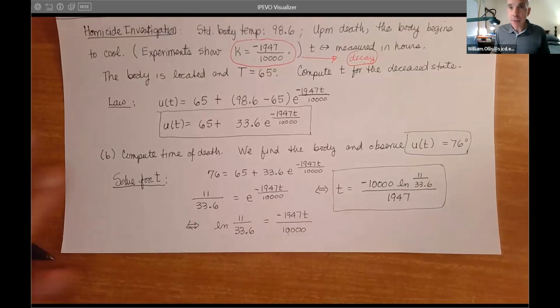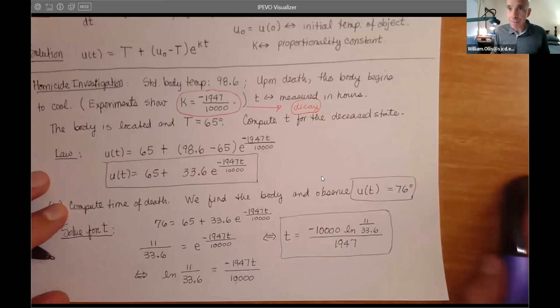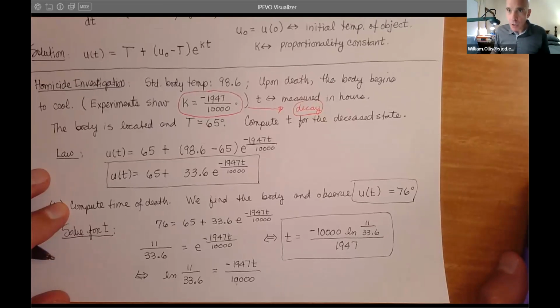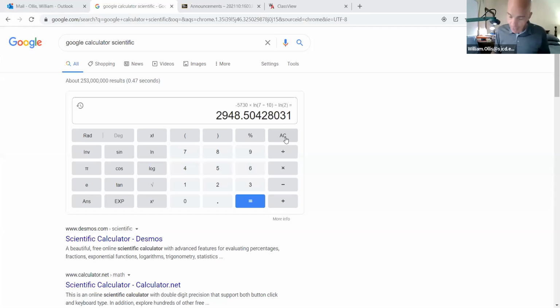So now we can go over here to our Google calculator. And we have negative 10,000. These are fun. I mean, you have to admit, these are kind of fun problems. It's like we're having fun time today working with the science problems. 11 divided by 33.6.